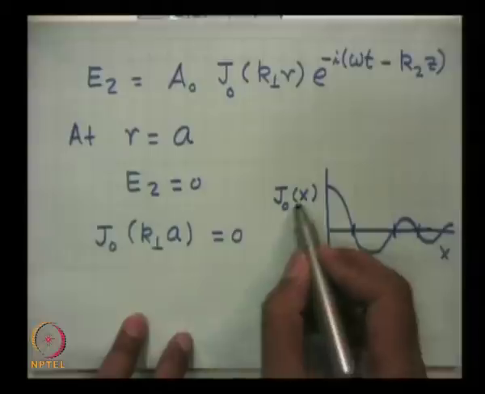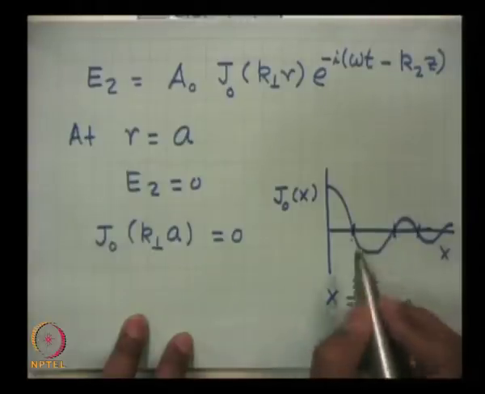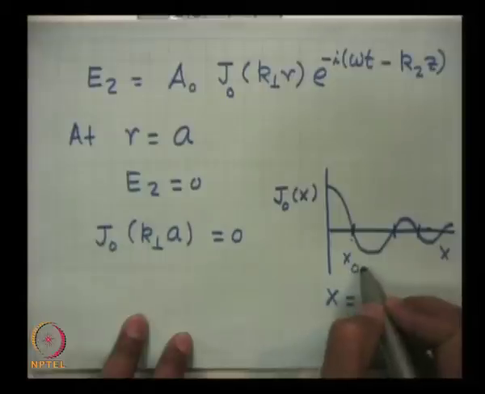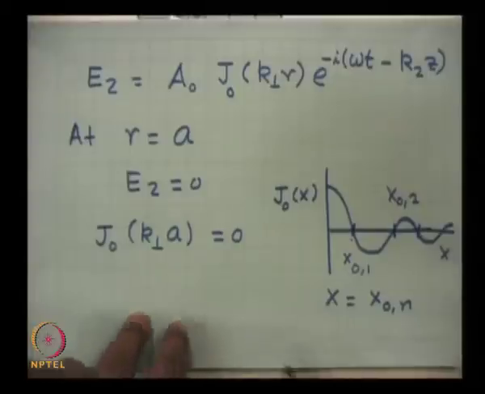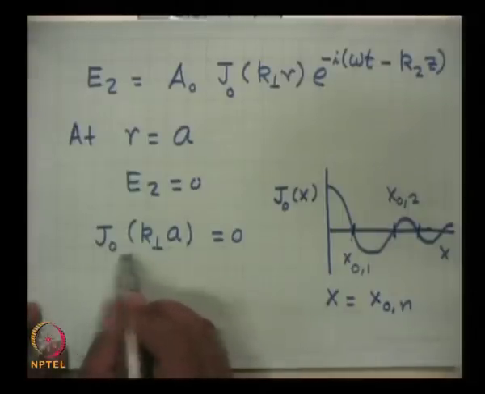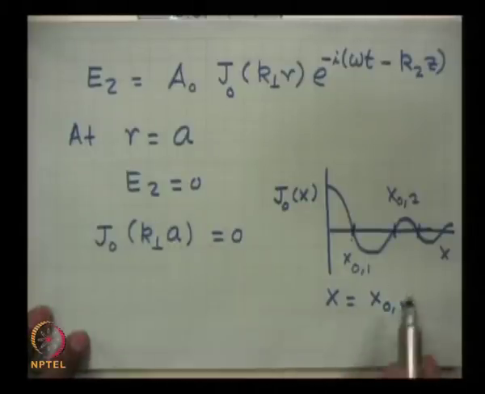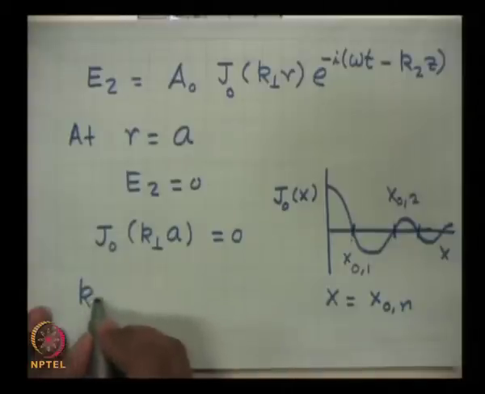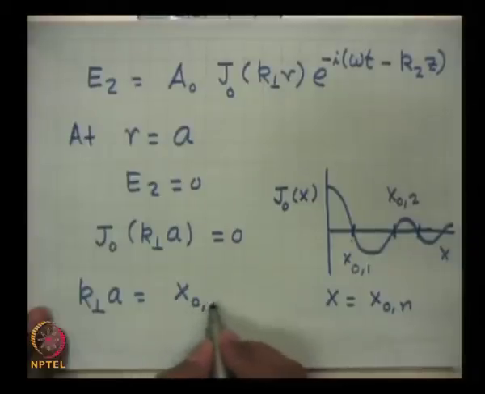Means J0 is 0 when x is equal to some values, they are called x0n. This is called x01, this is called x02, this is called x03, and so on. The value of x01 is around 3. So what you get from here, if this is to be 0, then k⊥ a cannot take arbitrary values, it can take values only equal to this much. So k⊥ a has to be equal to the 0 of the Bessel function.